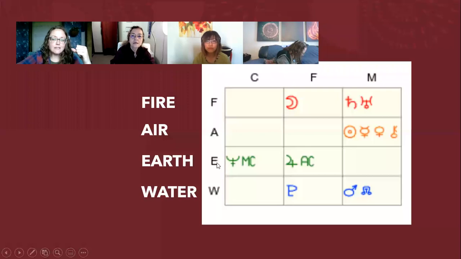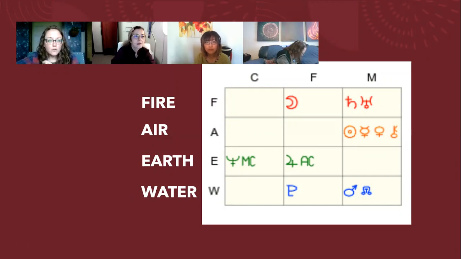So F, A, E, and W along this side stand for fire, air, earth, and water. Just like we all have all 12 zodiac signs, we all also have all four elements. We might prefer to use water or earth or air, or be really heavy in one of them, but that doesn't mean we're not still all four of them.